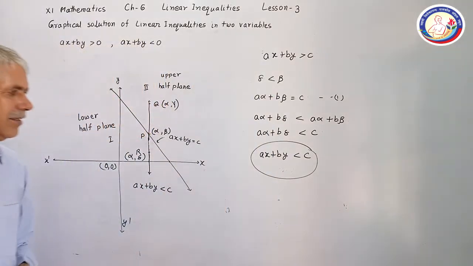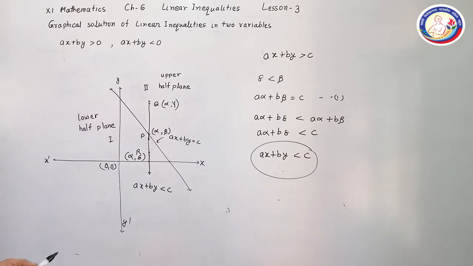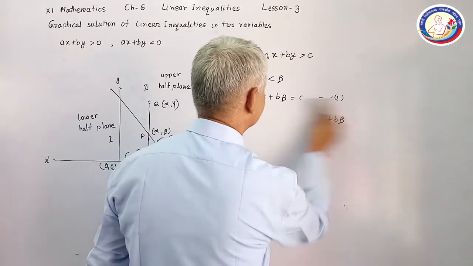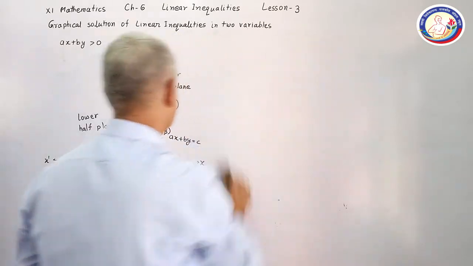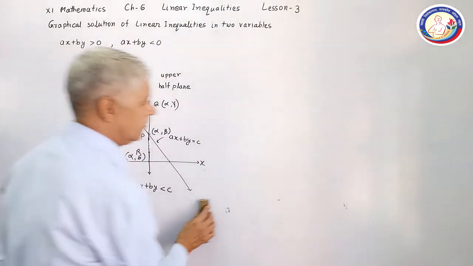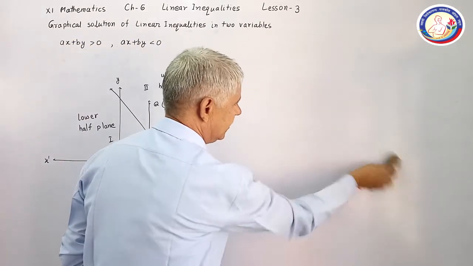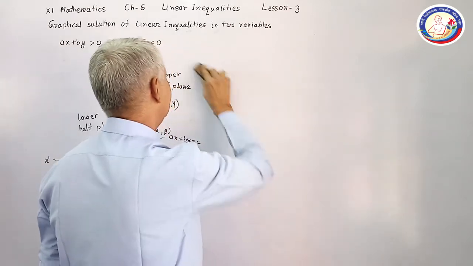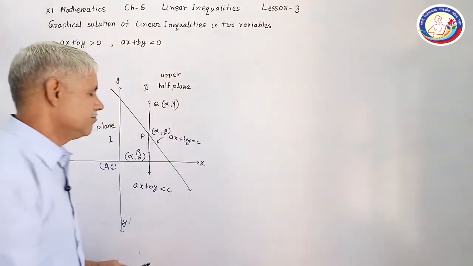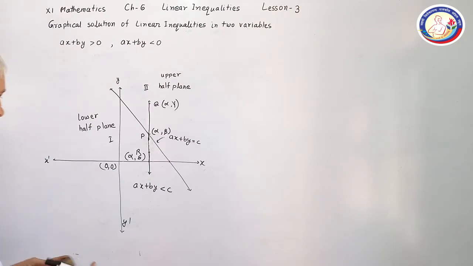Now what about the value when B is negative? I am explaining it in simple terms. Don't take it seriously. I am only giving a discussion for understanding.